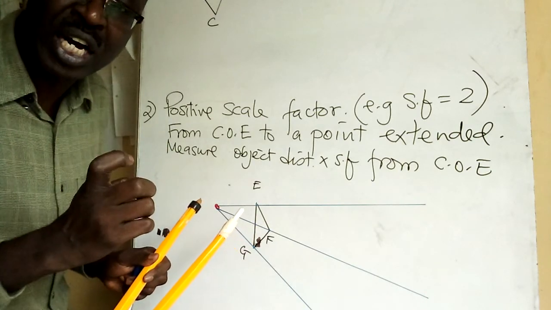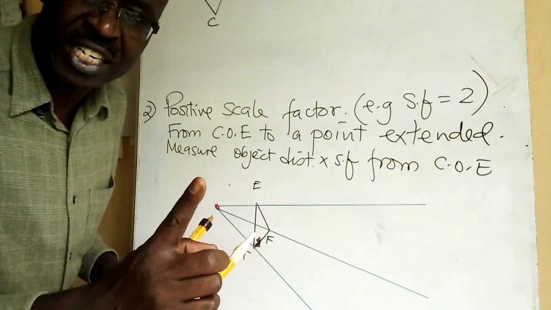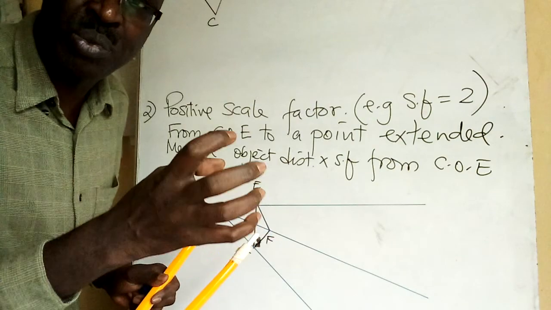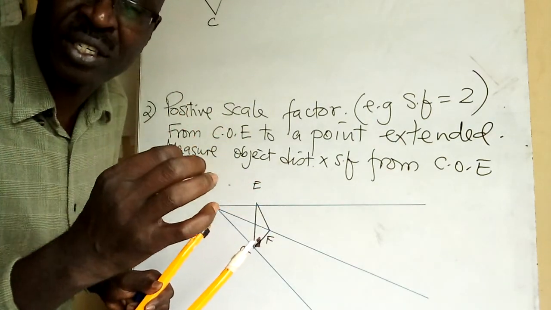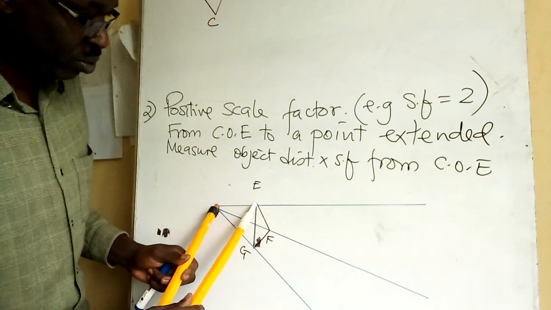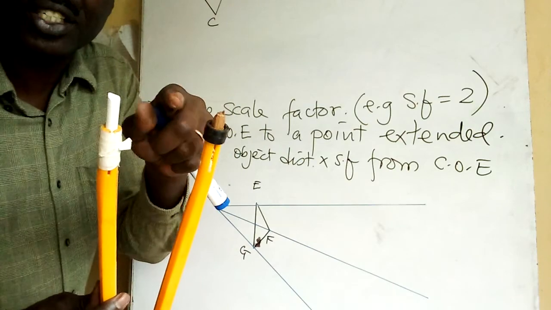Now we want to measure the object distance. Whether negative scale factor or positive scale factor, the object distance remains from the center to the object. So for example, that is my distance.